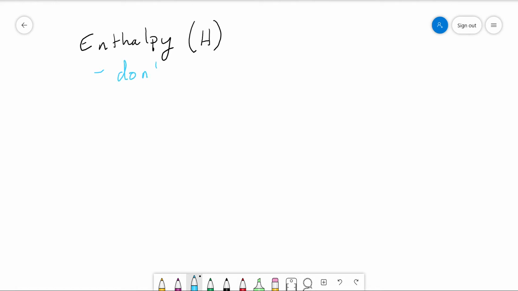Okay, next up we are going to talk about enthalpy. I've already briefly mentioned this. Enthalpy is H, and it is basically chemical energy. So the key here is that we don't usually care about P delta V work.